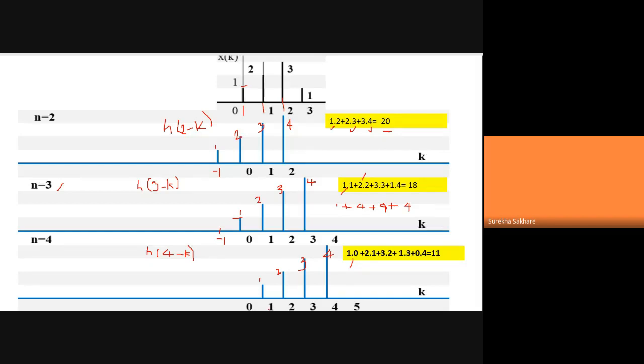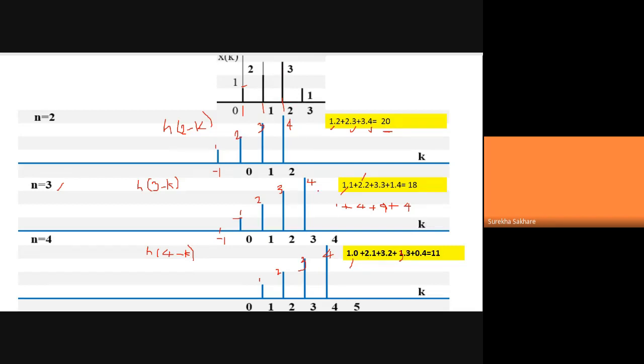At 1 I have 2 into 1. At 2 I have 3 into 2. At 3 I have, is it 3? Yeah. Okay, it is 1 it seems.